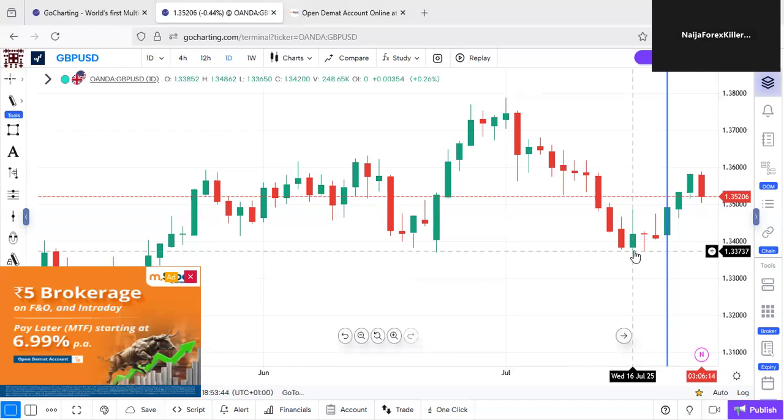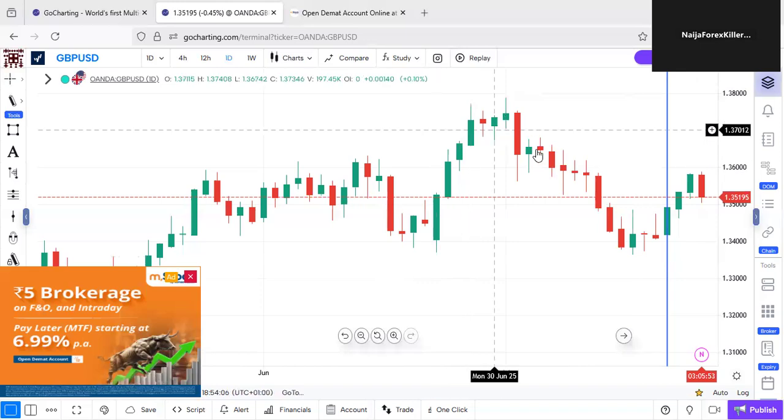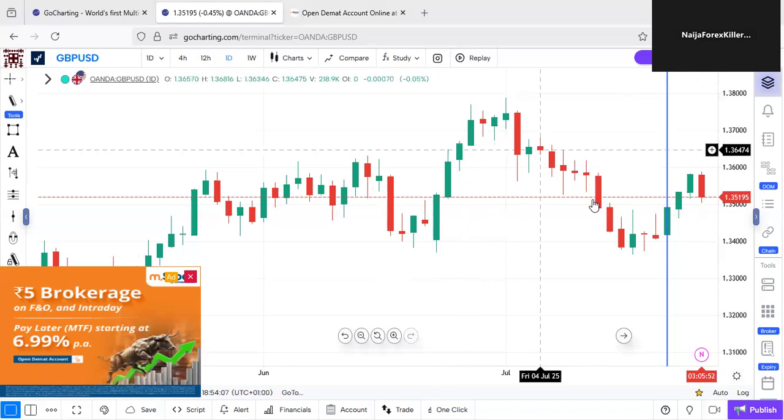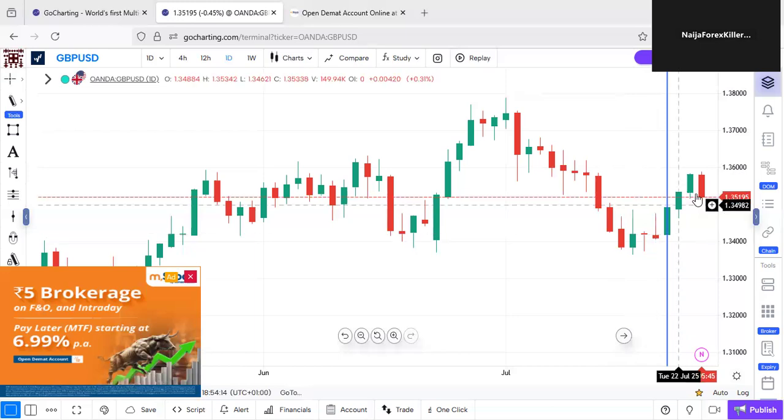Always have it in mind that whenever you see a red candle, it means that the market is selling for that day. Whenever you see a blue candle, just know that the market is going up, is buying for that day. So like this one: buy, sell, buy, sell, sell, sell, sell, sell, sell, sell, sell, sell, buy, sell, sell, buy, sell. That's just it when it comes to candlesticks.